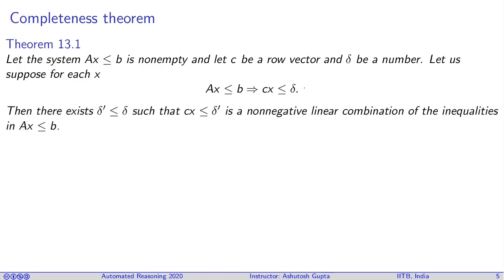Now the question is, does this implication hold or not? If you want to show that the implication holds, you simply have to show that there exists a delta prime such that Cx less than or equal to delta prime is a linear inequality which can be written as a non-negative linear combination of the inequalities in Ax less than or equal to b.